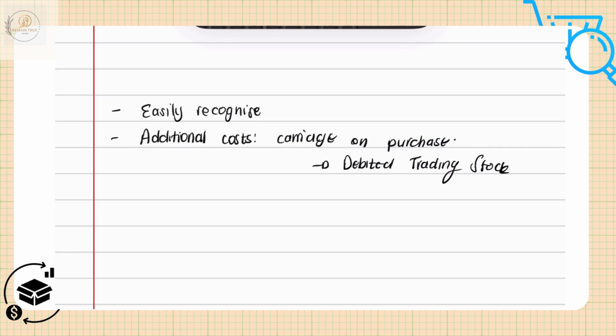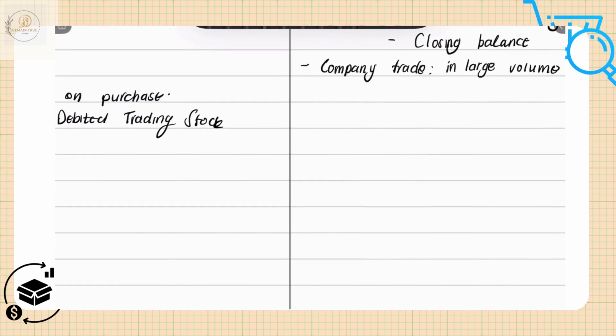As opposed to our periodic system, where additional costs are recorded as expenses.